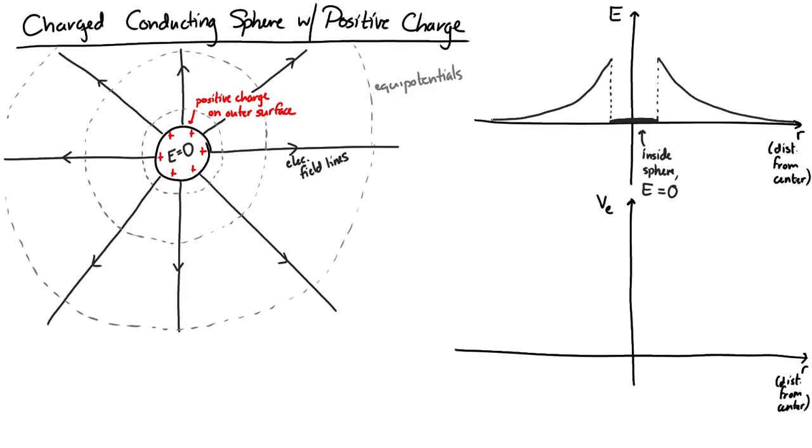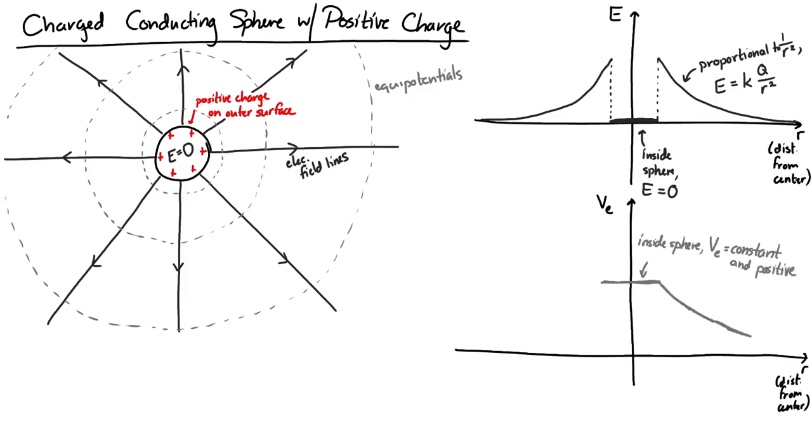It's proportional to 1 over r squared, because outside of the sphere, the electric field is that of a charge that would be at the center of this conducting sphere. The electric potential graph, however, would look like this. Inside of the sphere, it would be a constant value, but it would be positive. And outside of the sphere, it would look like this. It would be proportional to 1 over r.